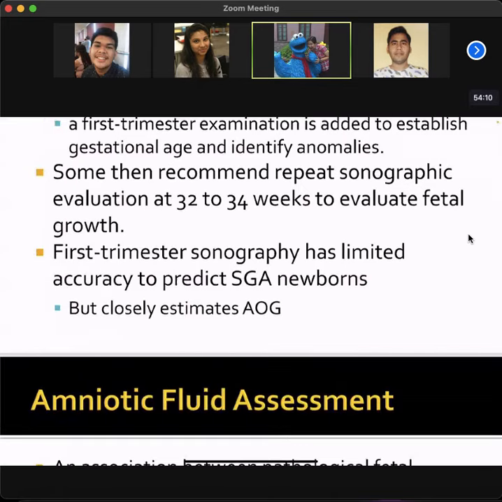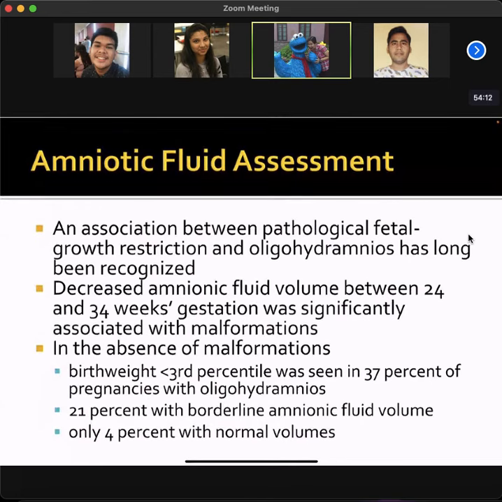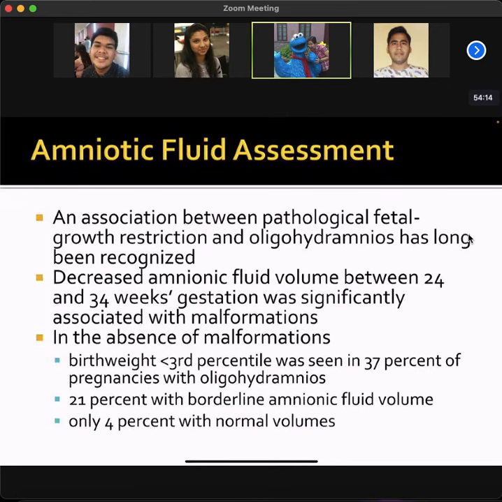What about amniotic fluid assessment? There is an association between pathological fetal growth restriction and oligohydramnios that has been recognized. A decreased amniotic fluid volume between 24 and 34 weeks age of gestation was significantly associated with malformations.